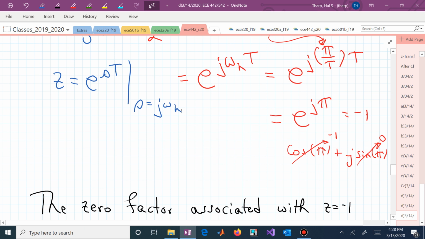So that's why we can now say, oh, if you want to go to the highest frequency, which in the analog setting are zeros at infinity, now that's equivalent to, in this pole zero matching strategy, zeros at the location z equal to minus 1. Well, if I now have z equal to minus 1, that gives rise to a factor of z plus 1 in the numerator.